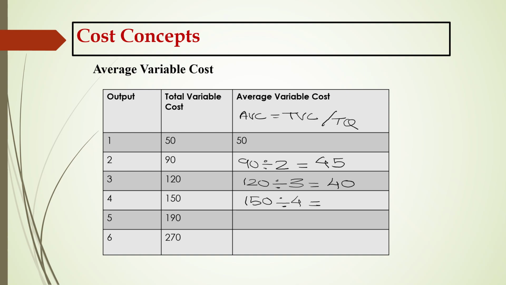150 divided by 4. My average variable cost is 37.5. Again, total variable cost is 190 divided by 5. So I will get the average variable cost, which comes to 38.